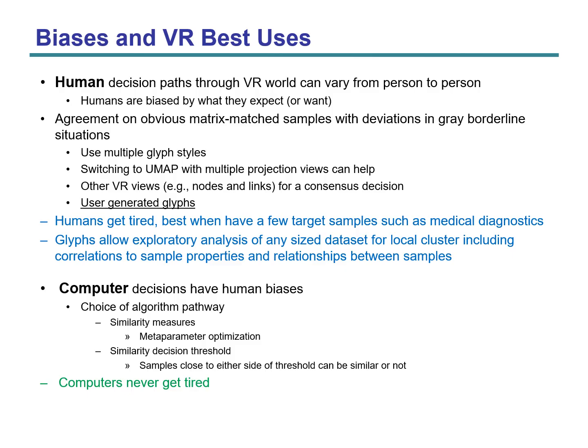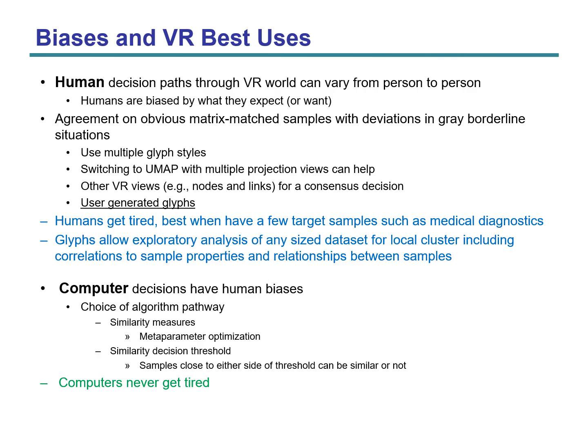To try and reduce the biases, we can use multiple glyph styles to help the user decide. Switch to a different projection view like UMAP, as well as perhaps node and links. And something we're looking at is having the user actually generate their own glyphs, so they know the biases in the glyphs and what they're looking for to make their decisions.